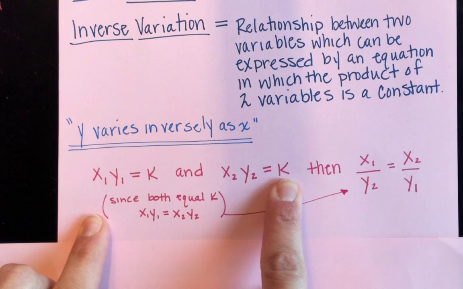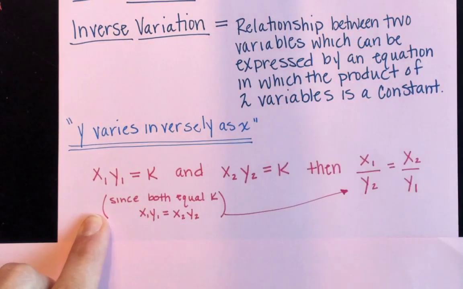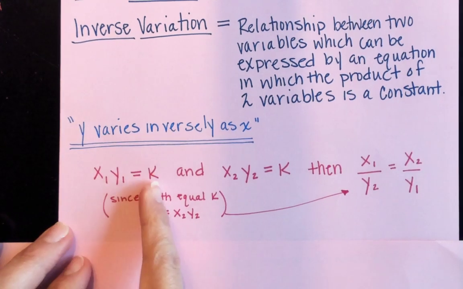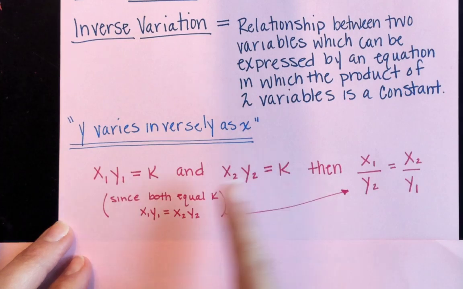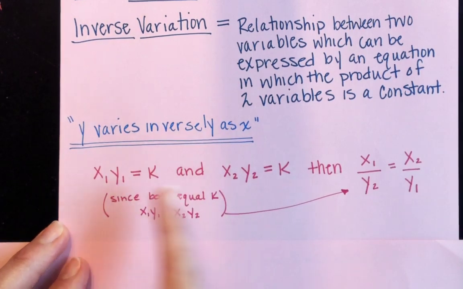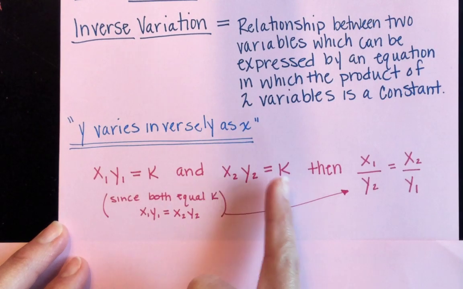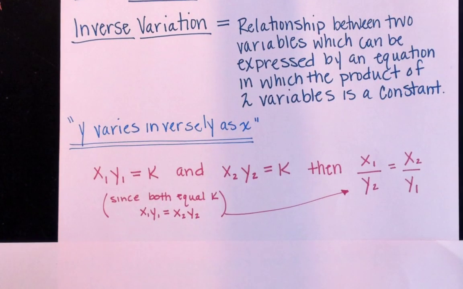So our setup is a little different than direct variation. Direct variation had y equals kx. Now we have, no matter what we're working with, that when it's multiplied together, you end up with the same constant. So from honors geometry, what some of you would remember is we called this the means extremes product theorem or the means extremes ratio theorem.